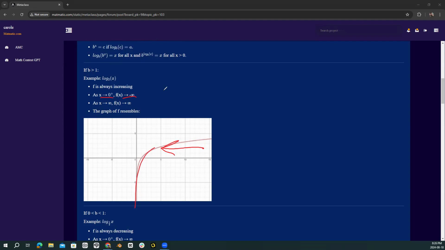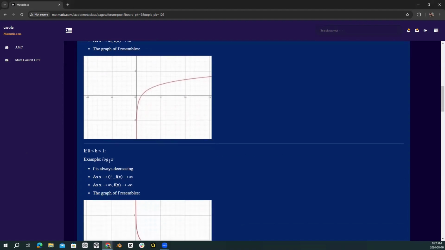It's going to negative infinity, and as x approaches infinity, the graph of f is also going to go towards infinity, upwards, as you can see in the graph below. This is what the graph of f should resemble.